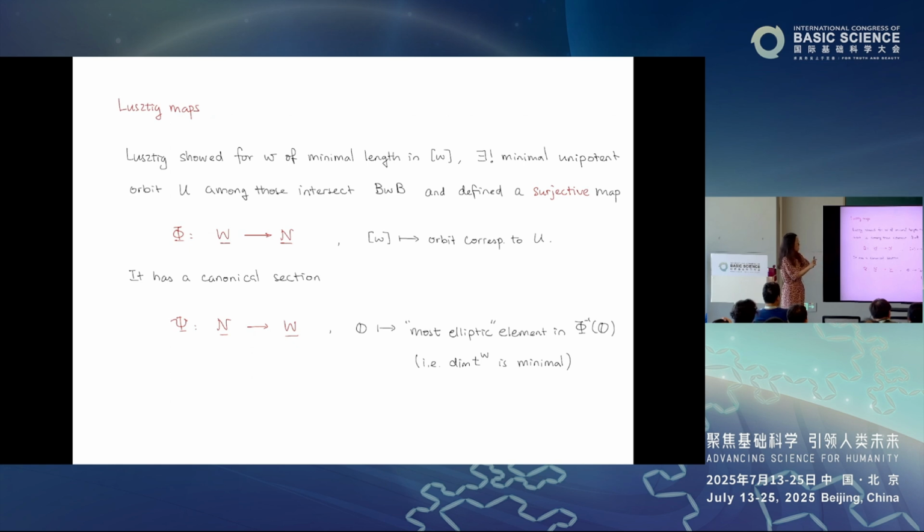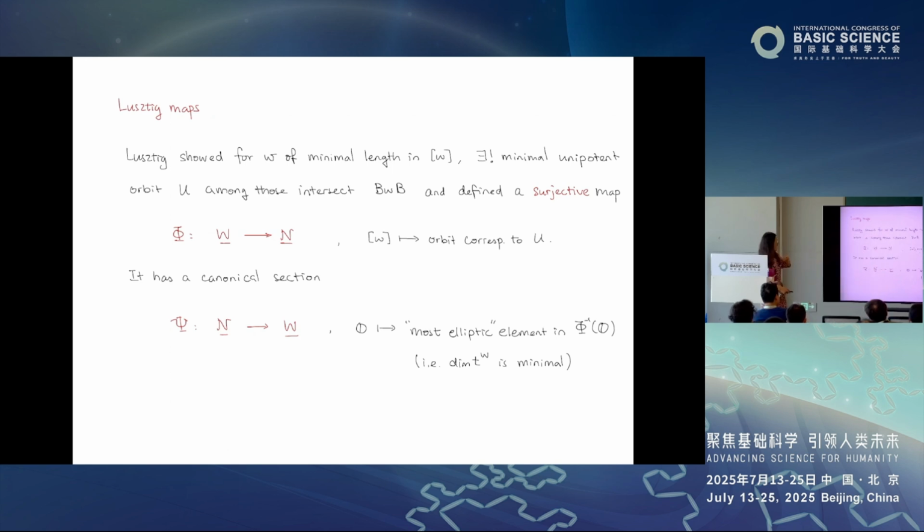You pick a conjugacy class, and then you look at elements of minimal length in this conjugacy class. You consider all the unipotent orbits intersecting BwB for w of minimal length, and he proved there's a unique minimal unipotent orbit among them. This is the orbit you associate to this conjugacy class.